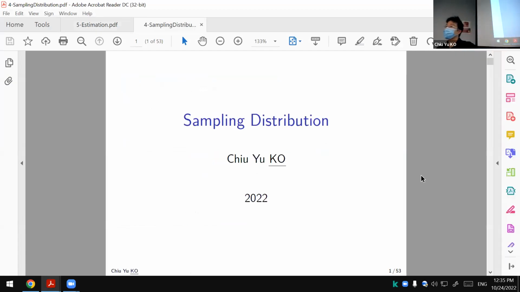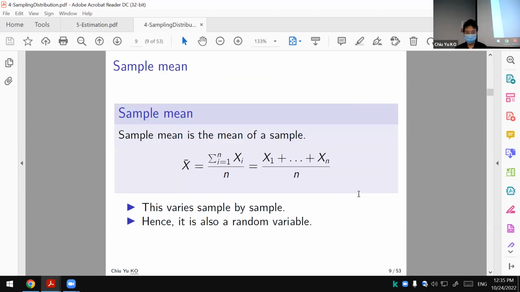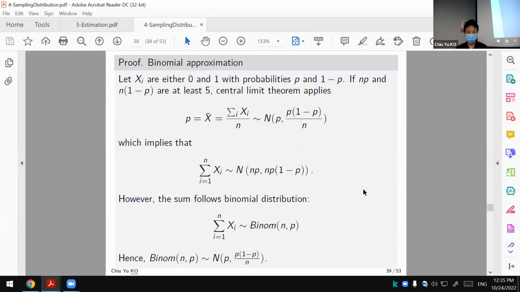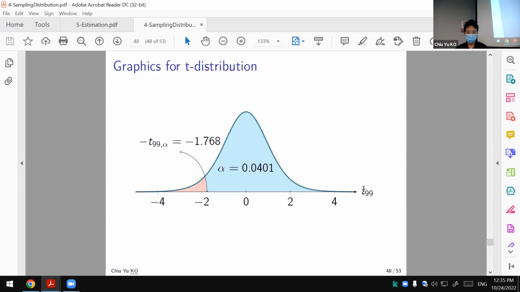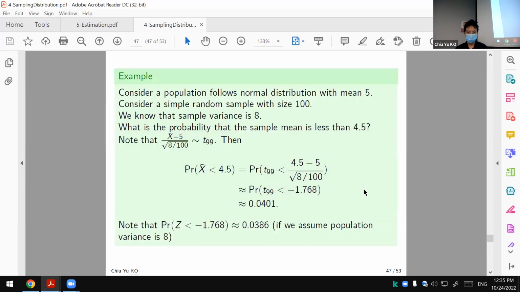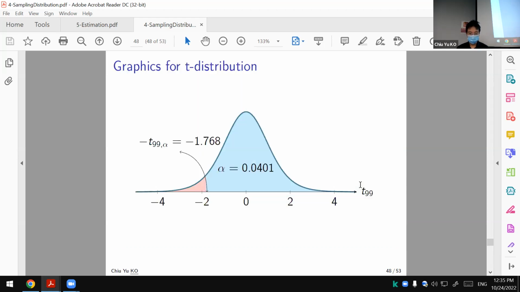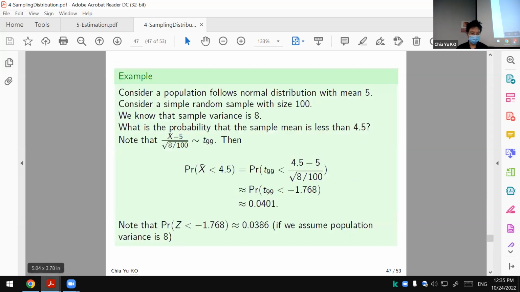So I guess we covered this last time, right? This set of slides has been covered, and I think we've done this example. Did we? I think we did it, right? Okay, let me check.